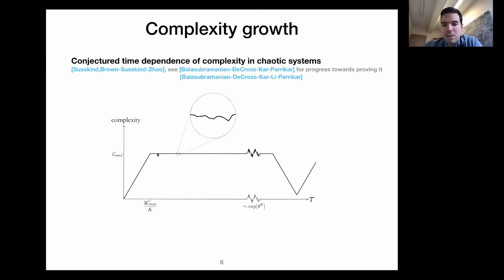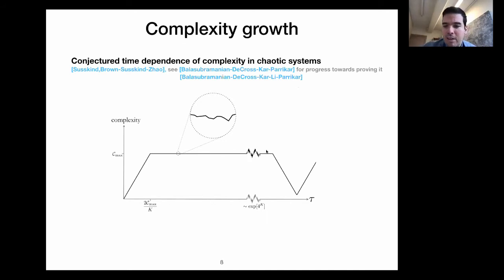So this is an expectation for chaotic systems. There is some interesting progress towards whether this is indeed the case or what kind of conditions you have on this, but this is the kind of intuition that we want to have in mind.